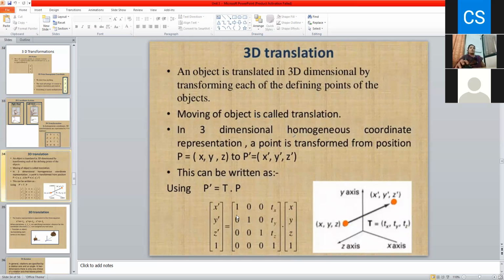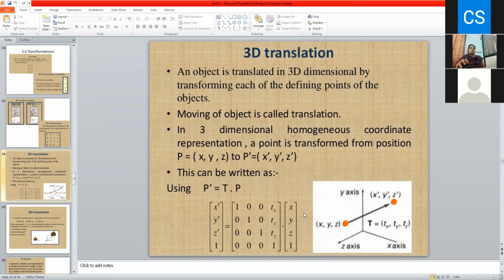So the 3D translation, this is the T matrix. Remember, the 3D point is represented in 4 rows, 1 column format. If you are using the horizontal representation, that is 1 row and 4 columns, at that time you have to transpose this T matrix also.